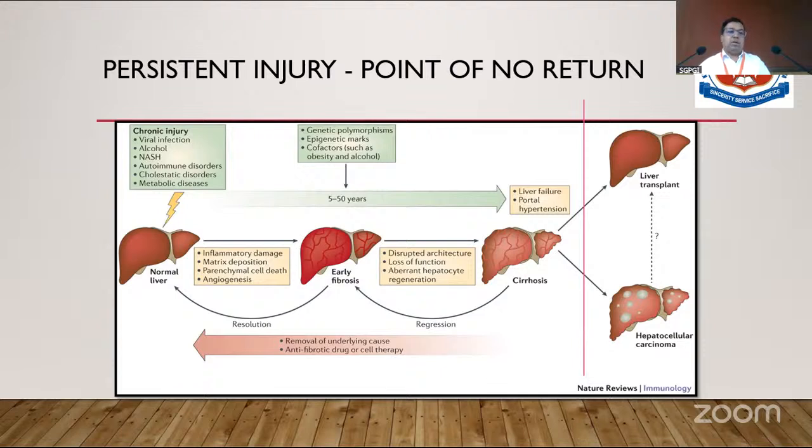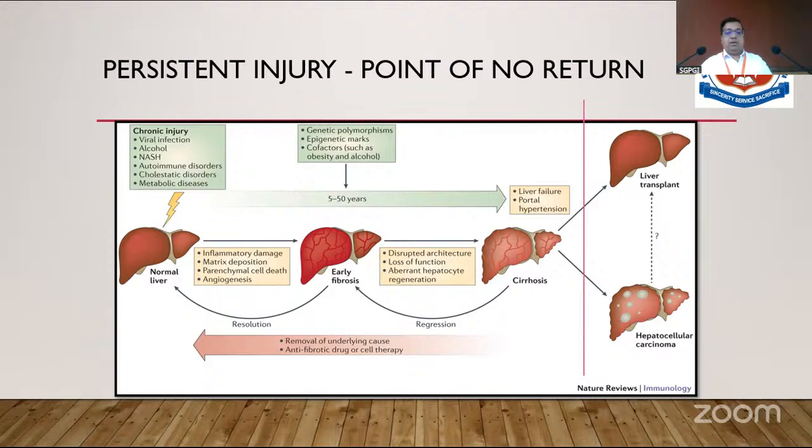So in a normal liver, various etiologies like viral infection, alcohol or MASLD or other etiologies cause damage to the hepatocytes, which will lead to early fibrosis. If this early fibrosis continues for a long time, it will convert the liver into cirrhosis. That means there is disrupted architecture of the liver, aberrant hepatocyte regeneration, and formation of bands in the liver.